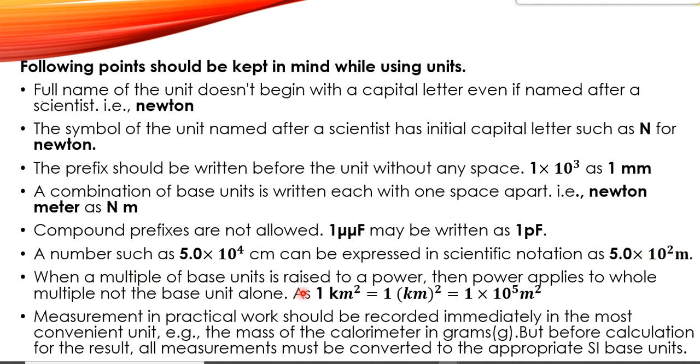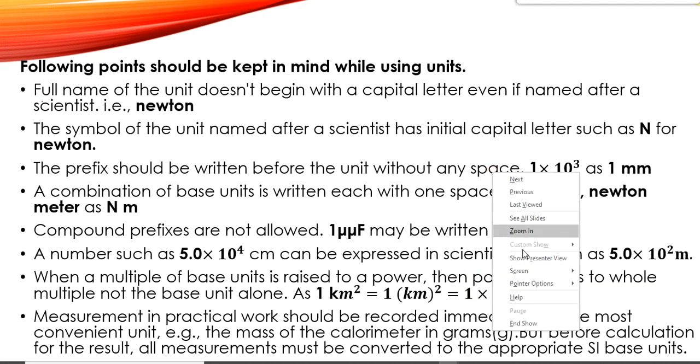When a multiple of the base unit is raised to a power, the power applies to the whole multiple, not the base unit alone. And this is the example. Like we have 1 into 10 to the power 3 m. When we square it, we can give an example over here.